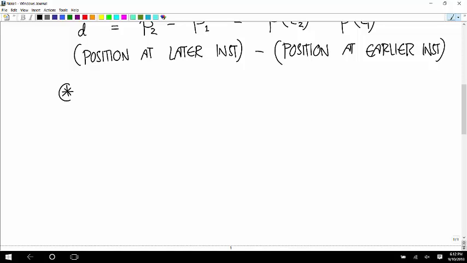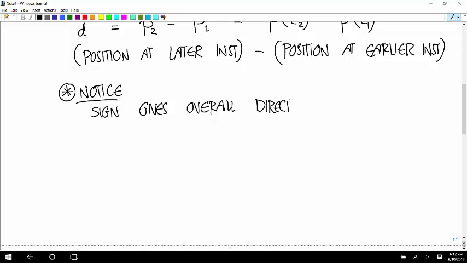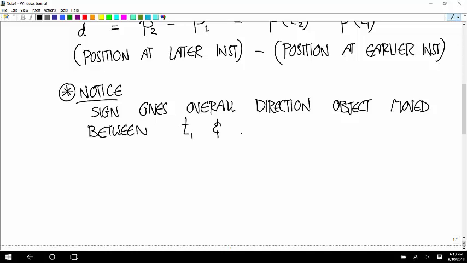So notice the sign gives the overall direction the object has moved between T1 and T2.